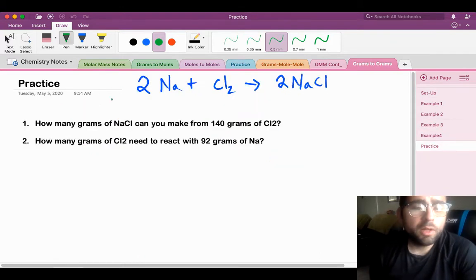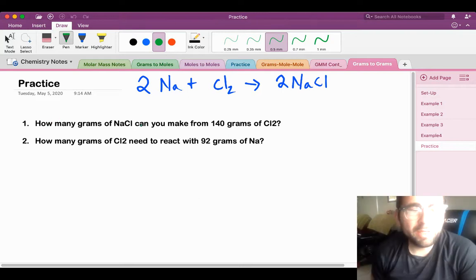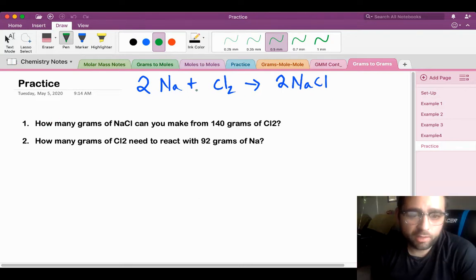So for number 1, the question is, how many grams of NaCl can you make from 140 grams of Cl2? So this one, be careful. There's 2 Cl's. It's not C and I, so don't combine them. It's chlorine, the one that weighs 35 grams.